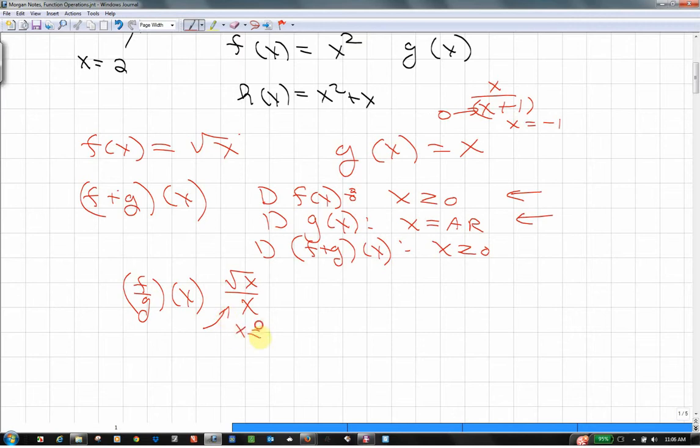So x cannot be equal to 0. So the domain of f divided by g of x would not only be what we had before, where x is greater than or equal to 0, but x couldn't be equal to 0 either, because that makes my denominator equal to 0. So that domain would be simply x greater than 0.